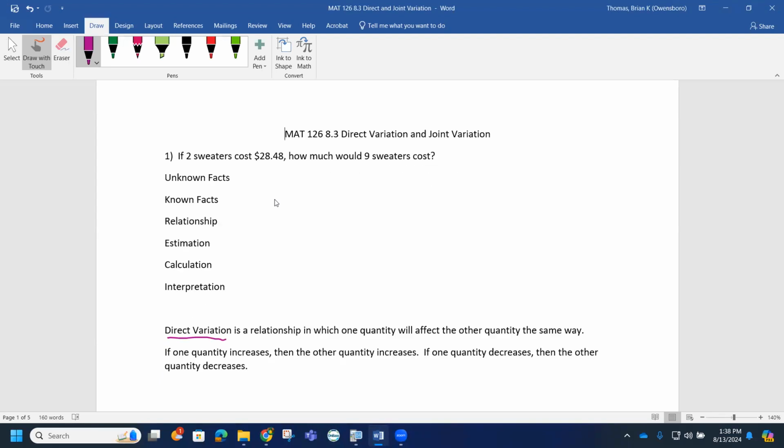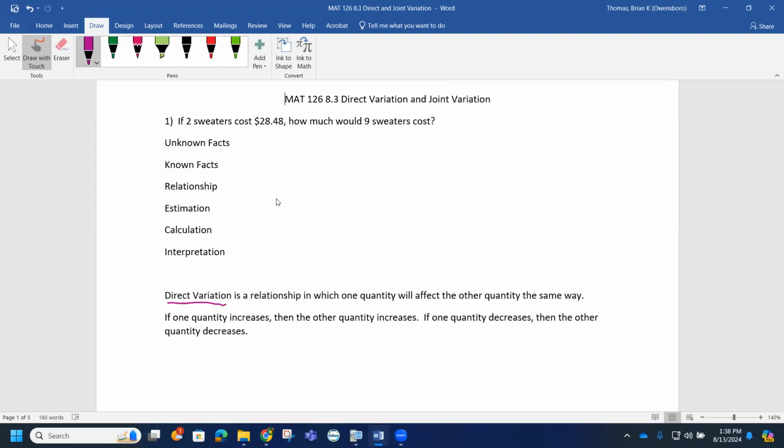So in solving direct variation questions, this is where you can use proportion math to solve these problems. So again, the unknown fact is how much would 9 sweaters cost?